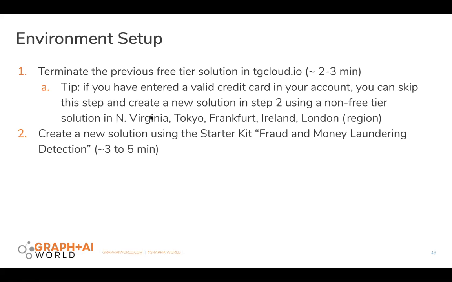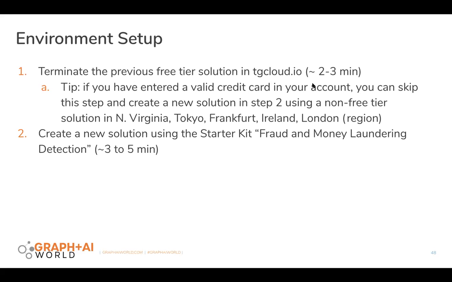I'm going to mention the environment setup. This schema is very similar to the one in module 1 that you imported from the relational database. But to make it easier for you, we also have a starter kit that's already ready in tgcloud.io. So what you need to do here is, first, terminate the previous free tier solution in TigerGraphCloud.io.